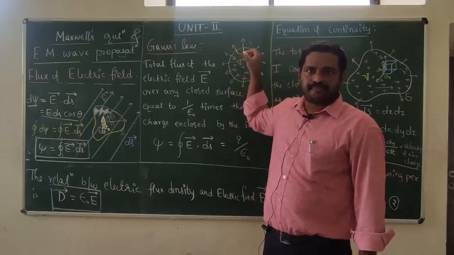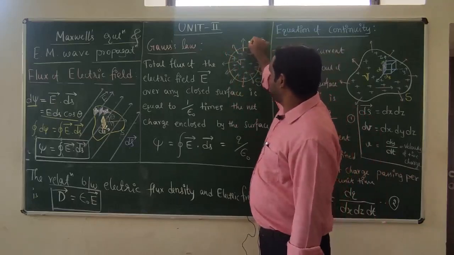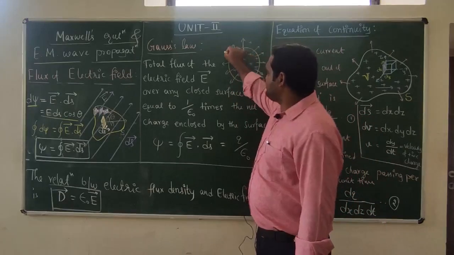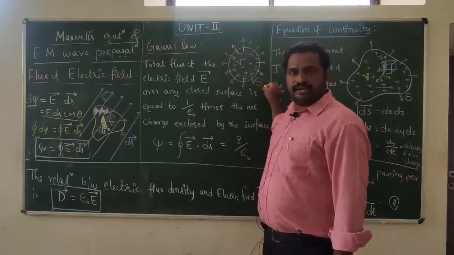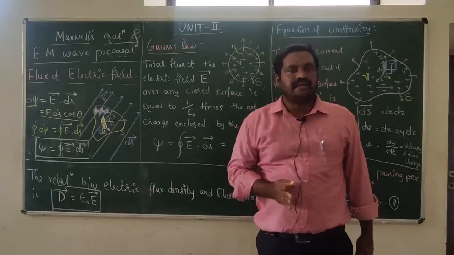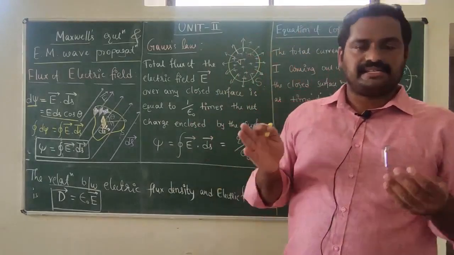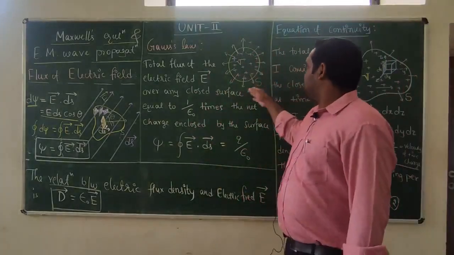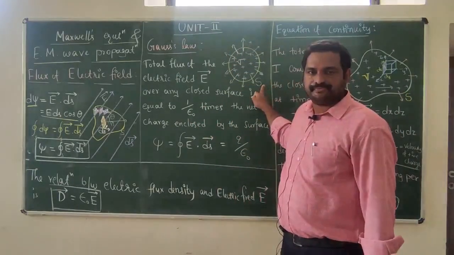So these field lines pass through the surface, and you can easily calculate the electric flux through the surface area S.